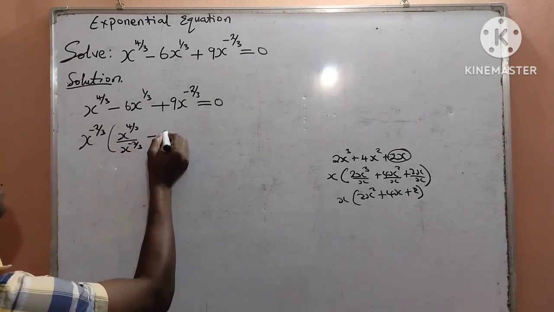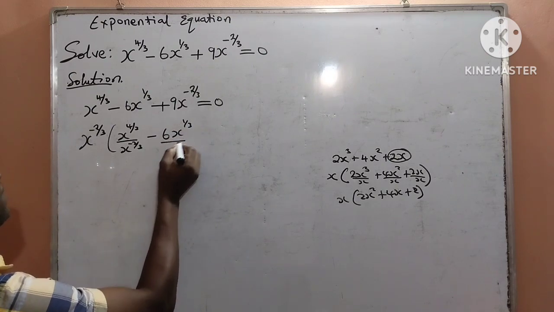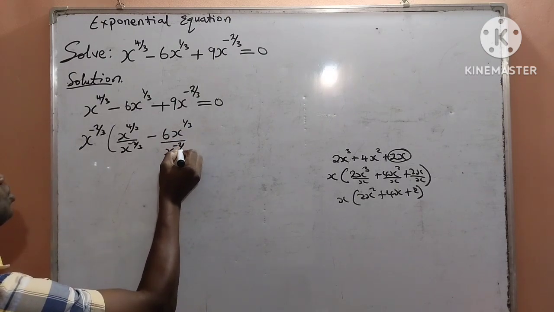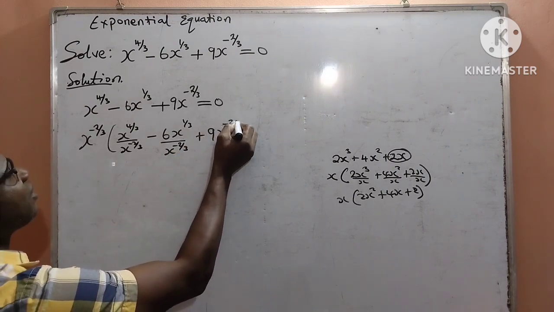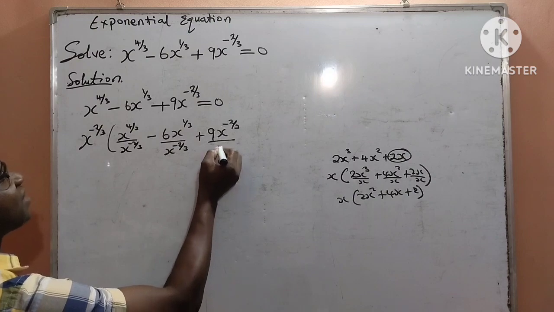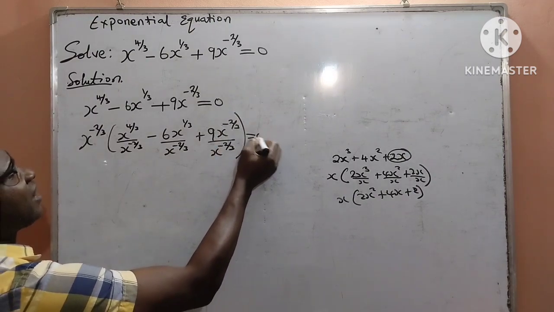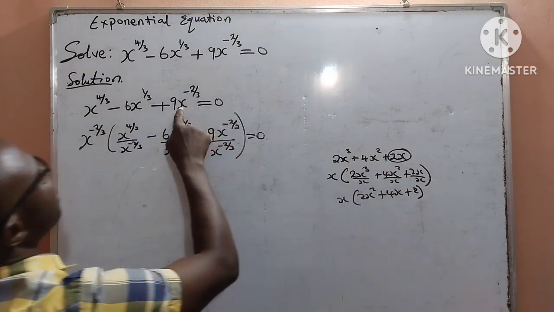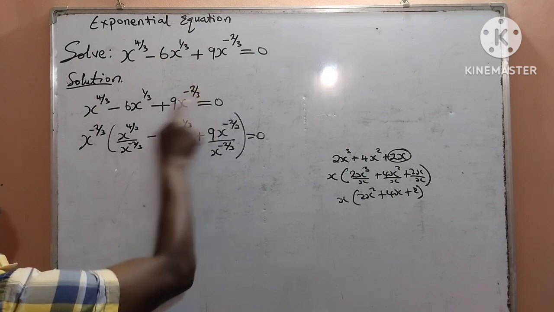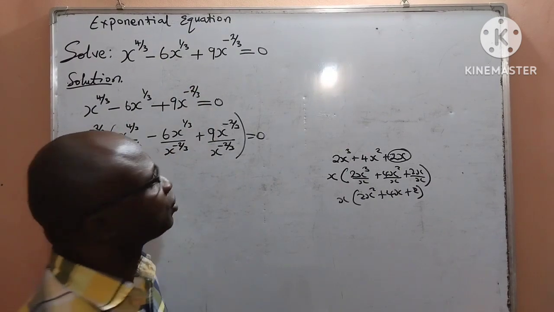Next, I have minus 6x raised to power 1 over 3 divided by x raised to power minus 2 over 3, plus 9x raised to power minus 2 over 3 divided by x raised to power minus 2 over 3. So this is now equal to 0. What I'm trying to do is to see, when x raised to power minus 2 over 3 is factored out, what will be left.